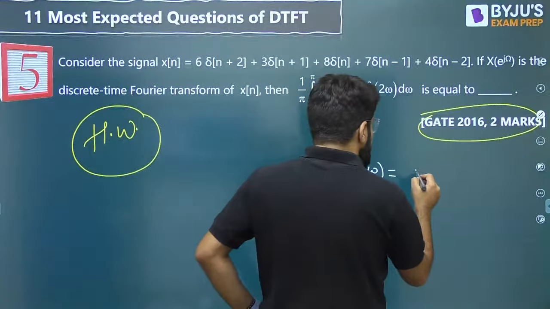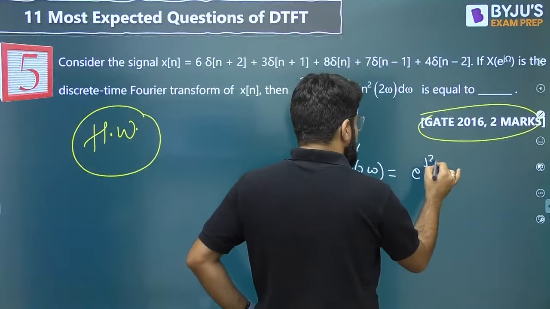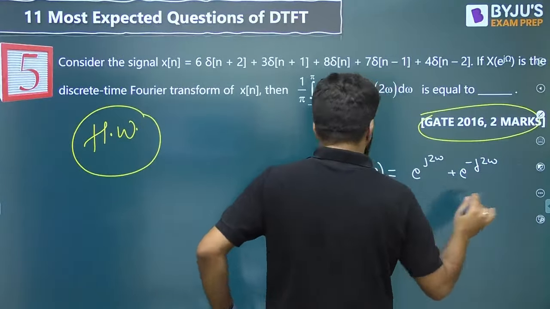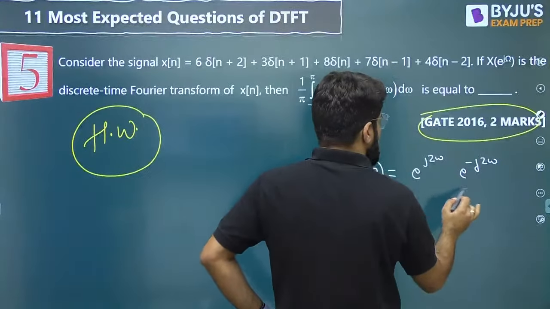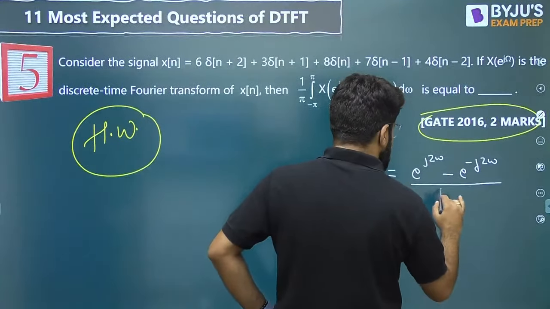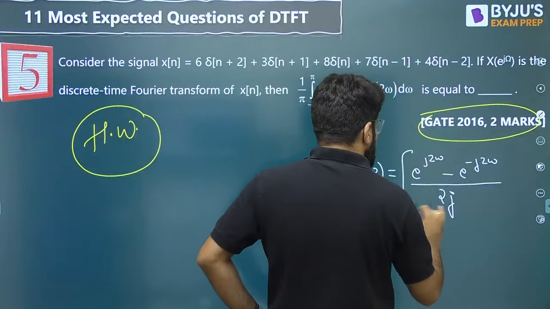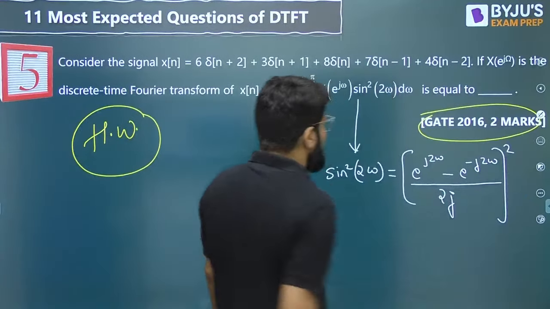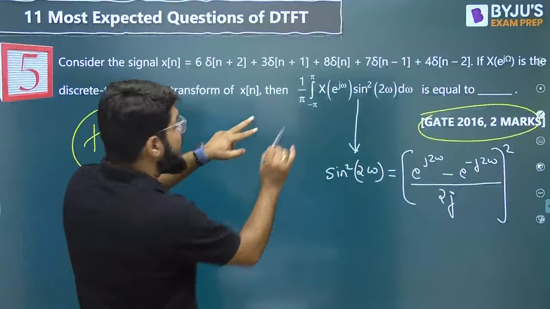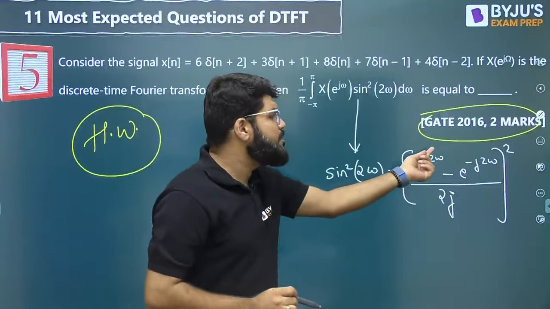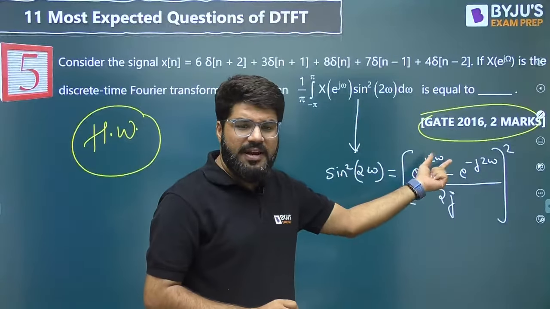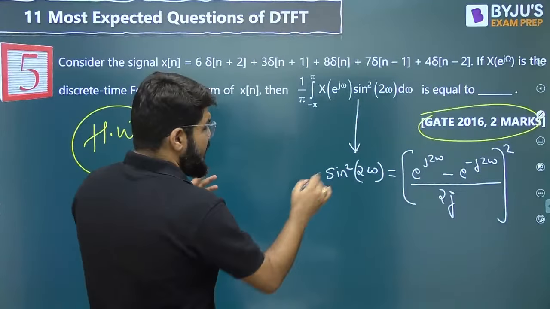What is sine θ? e to the power jθ minus e to the power minus jθ divided by 2j, and take the square. Now once you break this, you are going to get X(ω) multiplied by some e to the power j4ω, suppose. The first term will be e to the power j4ω after getting the square. So there will be different terms.